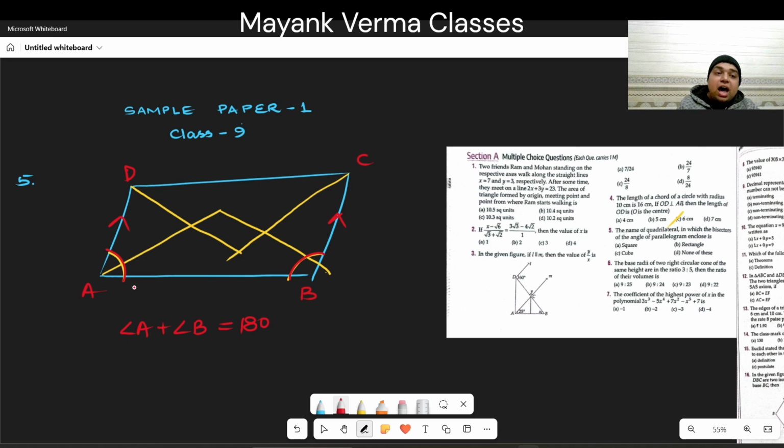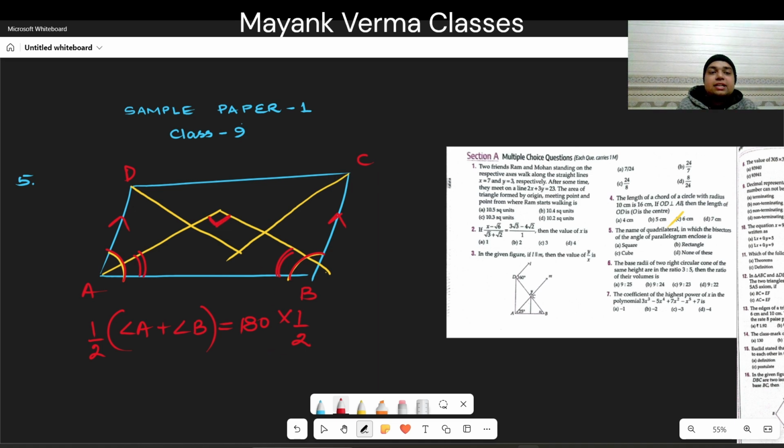So half of angle A and half of angle B, the sum of these two will be 90 degrees, right? So the third angle needs to be 90 because we need to follow the angle sum property of a triangle, right?